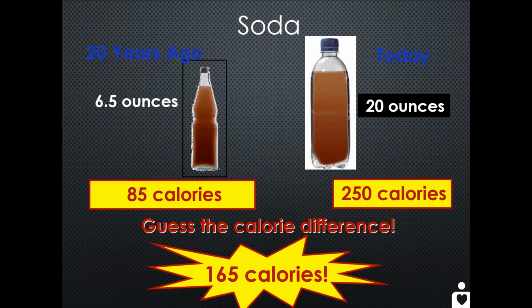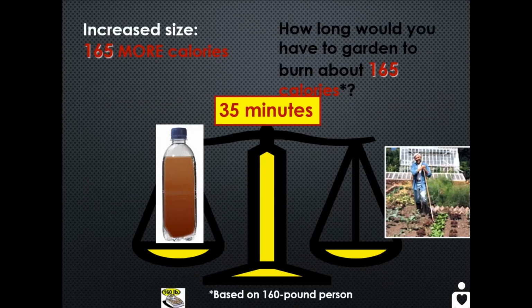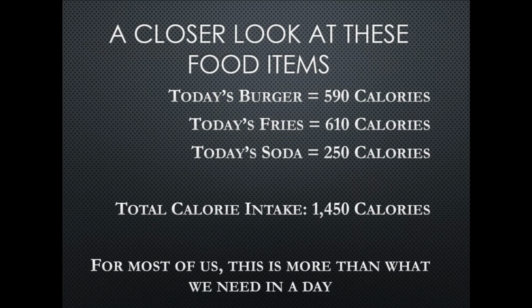It's almost 3 times as much. The difference is 165 extra calories. So how long would you have to garden to burn about 165 calories? Well, about 35 minutes. Problem is, when you're done gardening, you're thirsty again, you come in, you grab another soda.